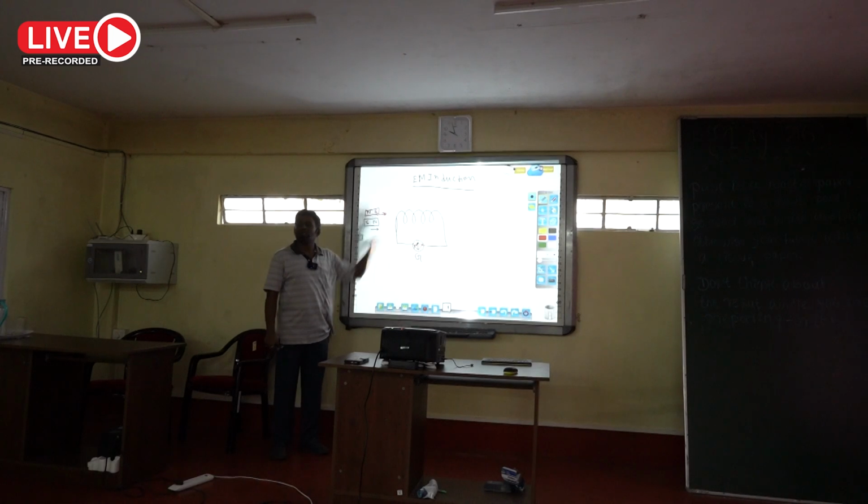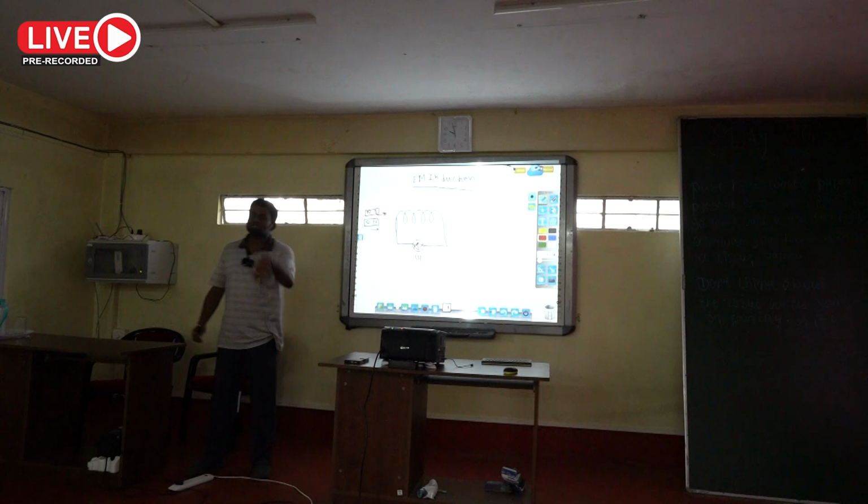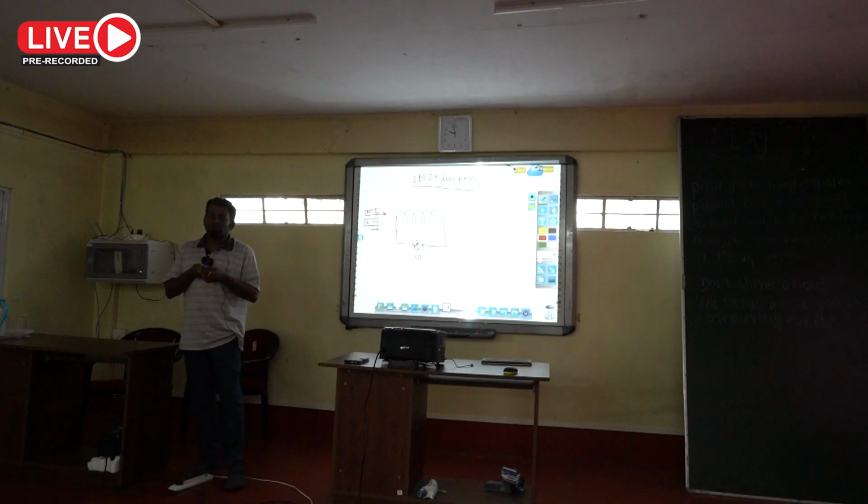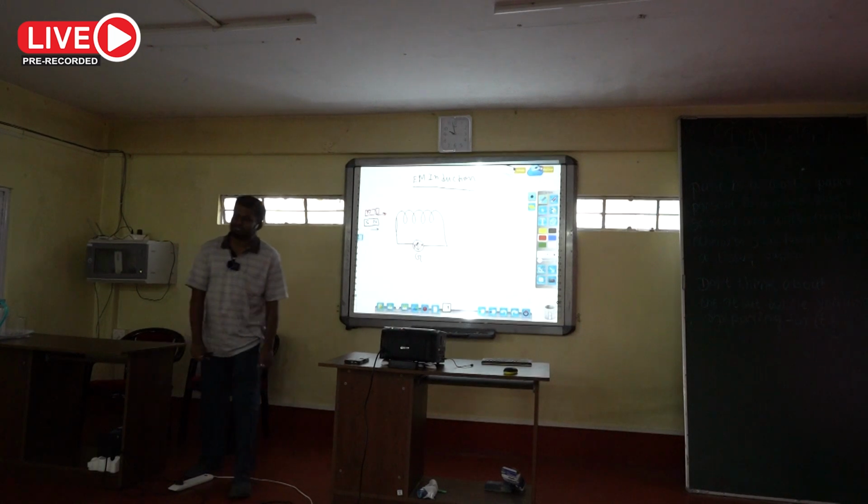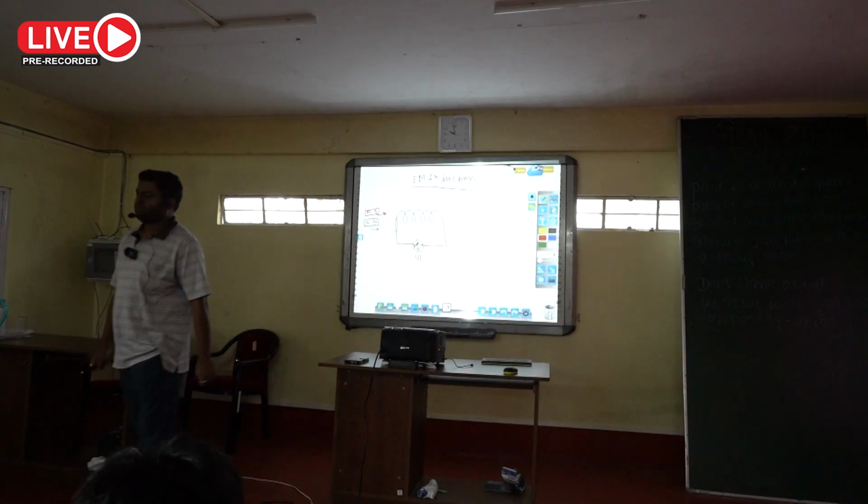Now when the south pole is coming, the deflection is on the left. And when the south pole is going, the deflection is on the right. Just opposite. If you change the polarity, then there is a change in the direction of the current flow. If you change the direction of motion, then there is also a change in the direction of current flow. So two factors affect it. Write down.